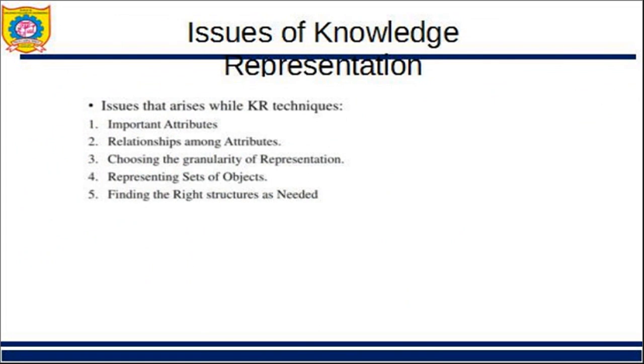The first point is what issues we have to consider while representing knowledge. The first one is important attributes. We need to understand and identify important attributes. Instance and is-a are the two important relations, which we have seen marked over the arrows. These also support property inheritance.